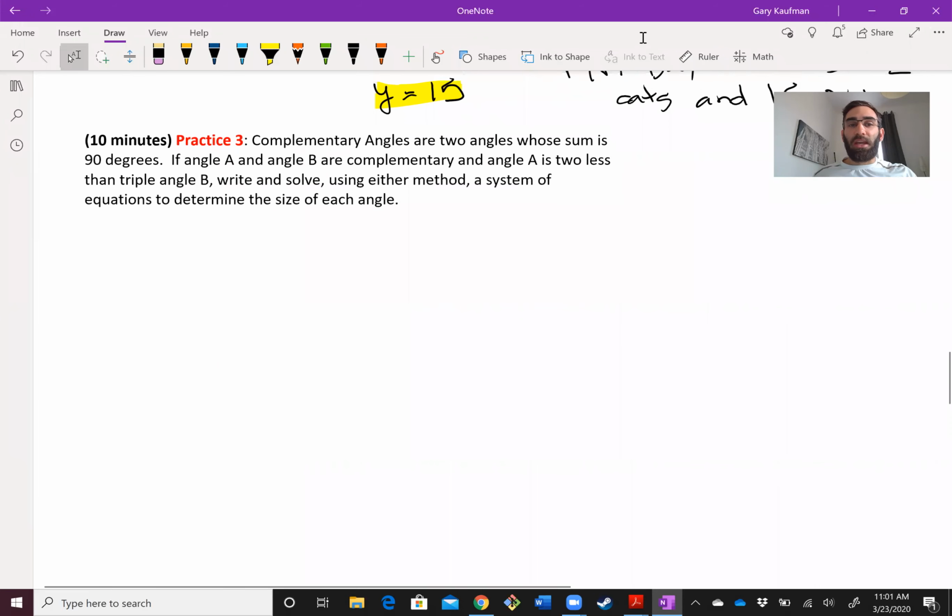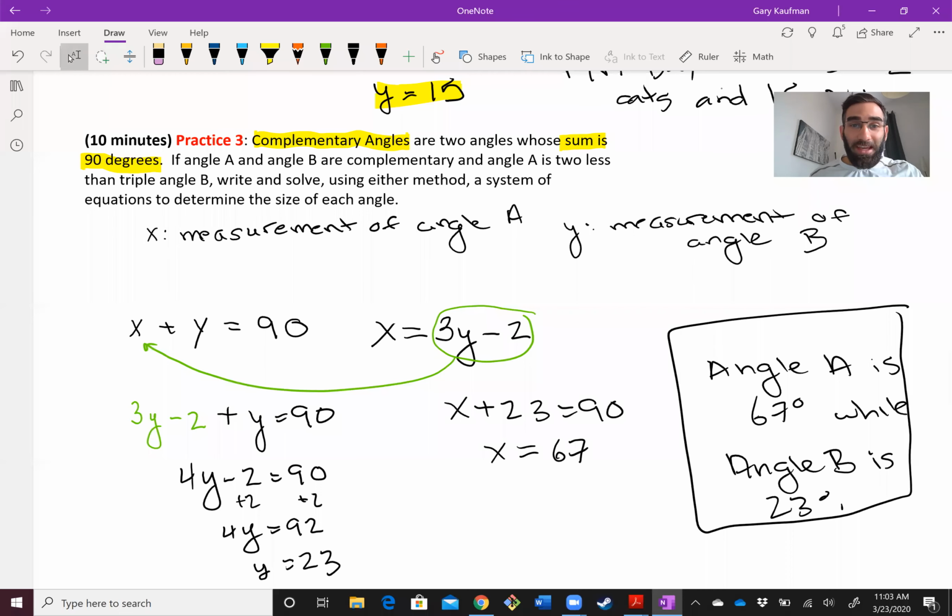So this is using a new vocabulary word called complementary angles, which means the sum of the two angles is 90. So give this a shot. Here's the answer to practice 3. So again, hopefully the walking through sort of helped. I've defined my variables.